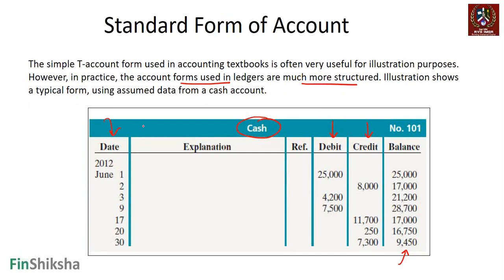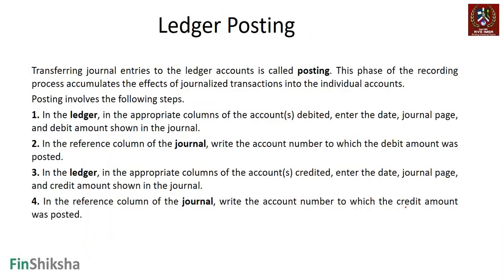So a cash account will appear something like this if you look at the standard form. Ledgers are much more structured, and cash being a real account, debit what comes in, credit what goes out, so inflow and outflow, and you can record it and the remaining balance keeps staying there, right? That's how you would see a ledger.